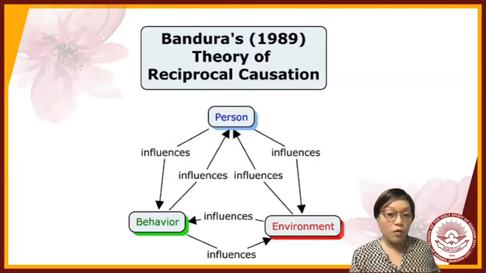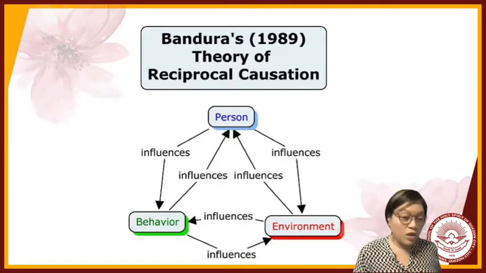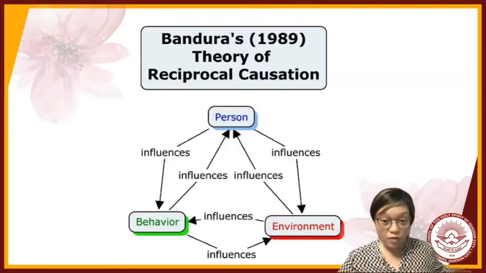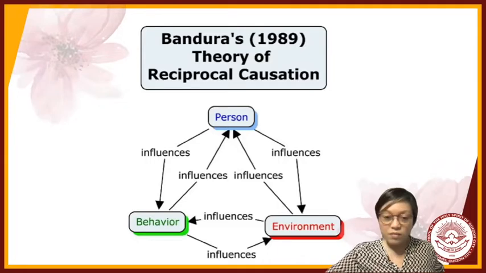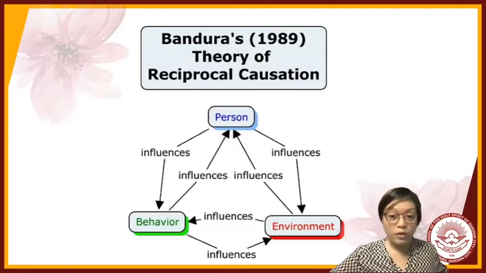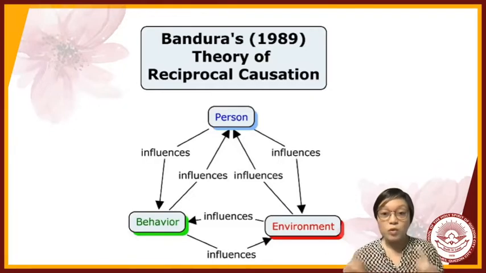Another theory of Albert Bandura is the theory of reciprocal causation. So this is where he says that a person is influenced by his environment and the behavior of the people around him, but at the same time, this environment and the behavior of people around him is also influenced by him, by what he does, by the things that he actively does or actively contributes to those circumstances.